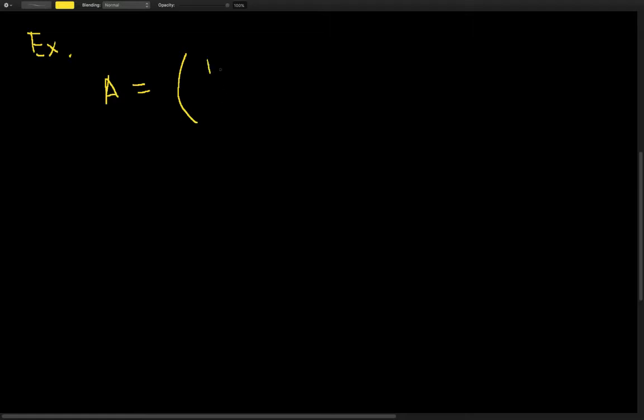So let's call it 0, 3, 1. Let's call this -1. Then 0, 1, -2, 1, and then just all zeros on the bottom. So this is the matrix for some linear transformation.